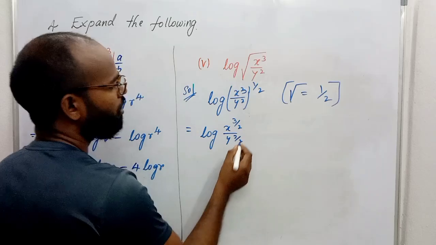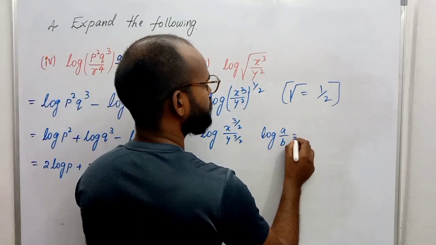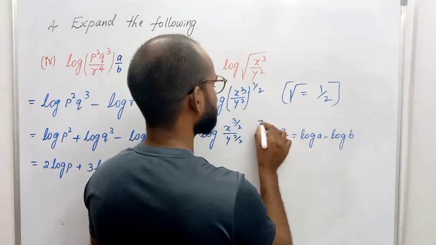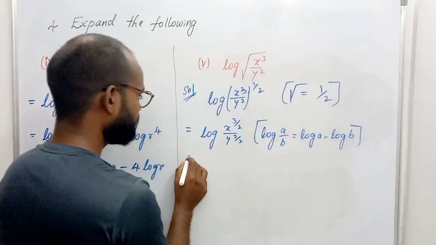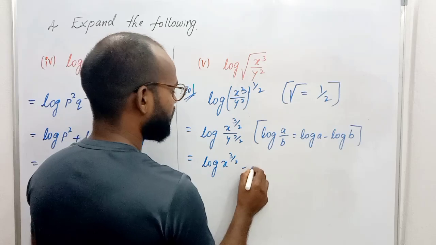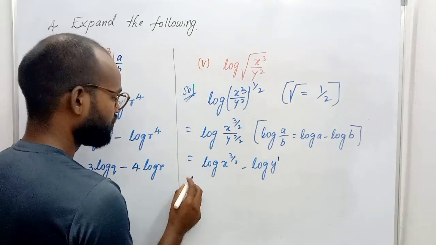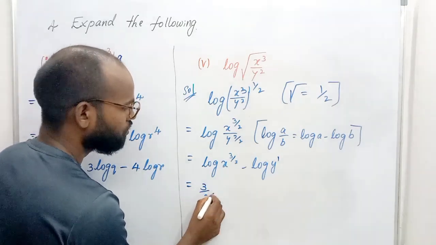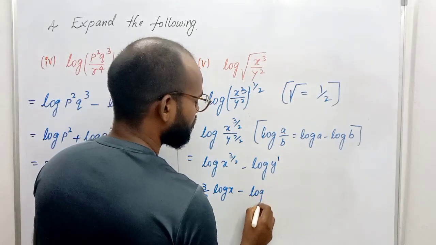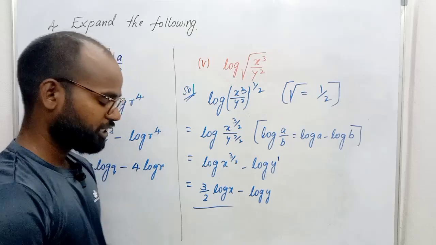Now it is in the form of log a by b, so log a minus log b. So log x power 3 by 2 minus log y power 2 by 2, which is nothing but 1. So 3 by 2 log x minus log y. This is your final expanded form.